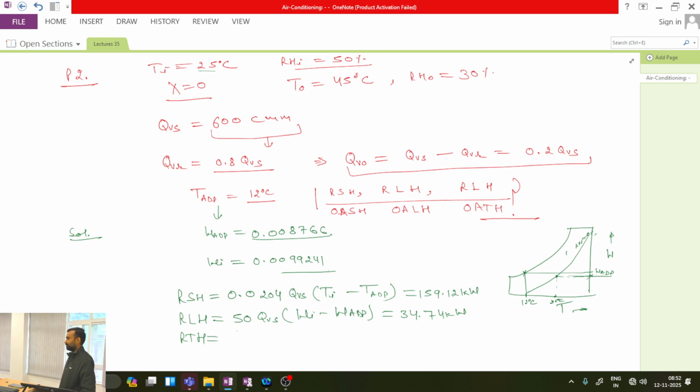Temperature is there. Okay, if temperature is given, how can I calculate H? Again two methods. If you are going for the steam table, then three methods.